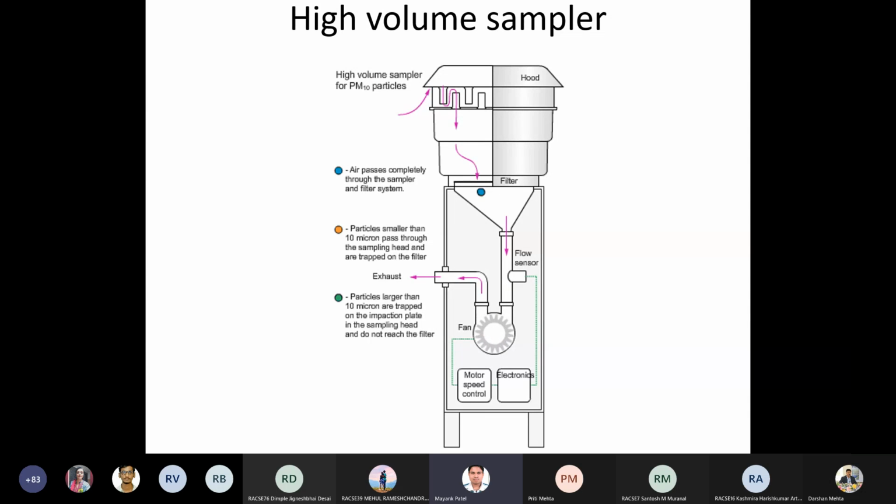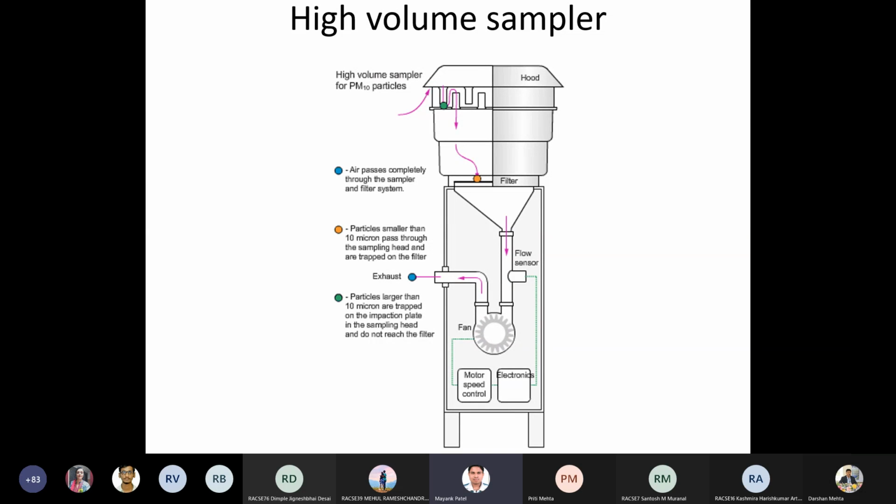and we will measure the time at the start of the machine, and when we stop that machine after 24 hours, say for example, and in these 24 hours how much air has been sampled, you will get from the flow sensor reading.